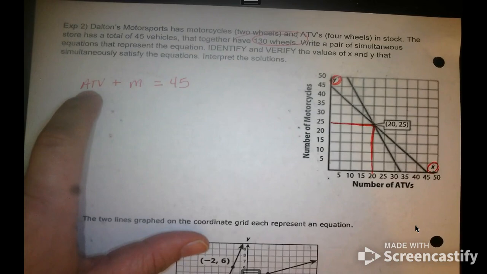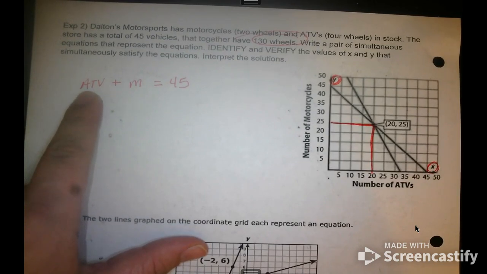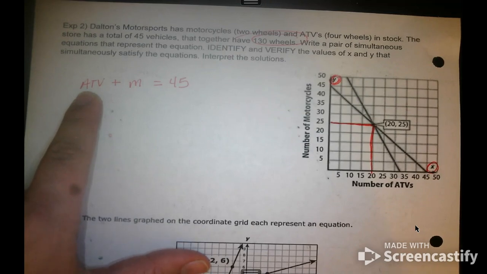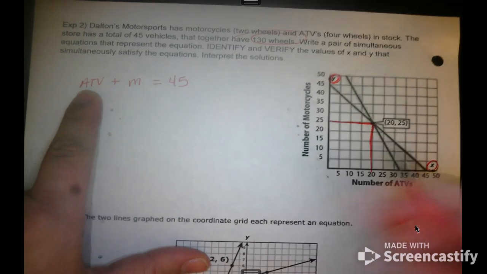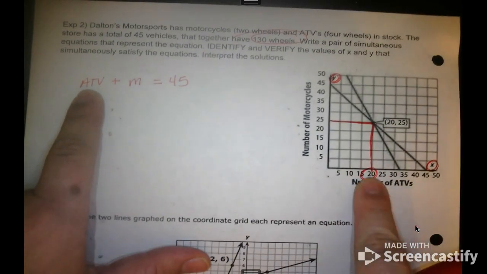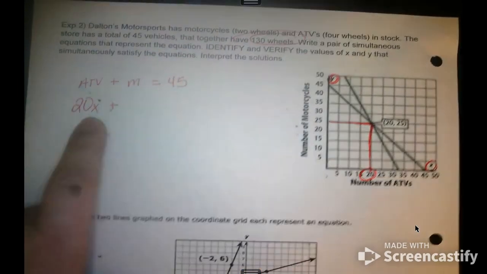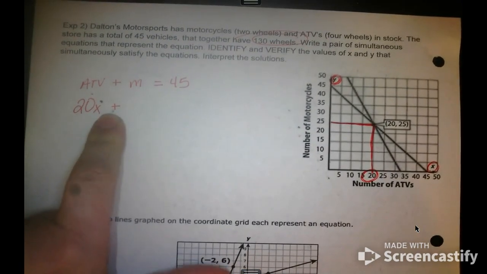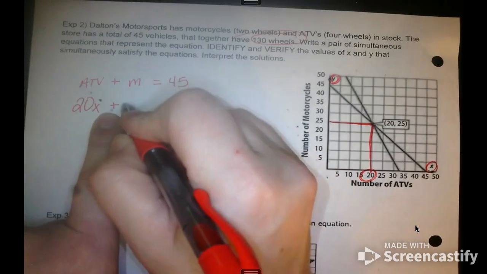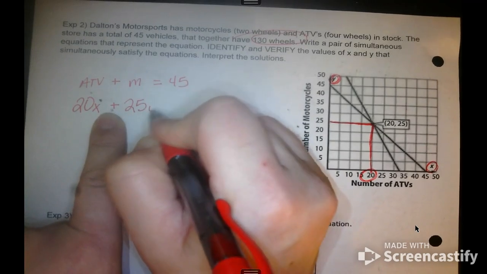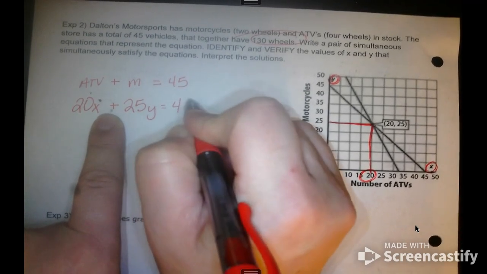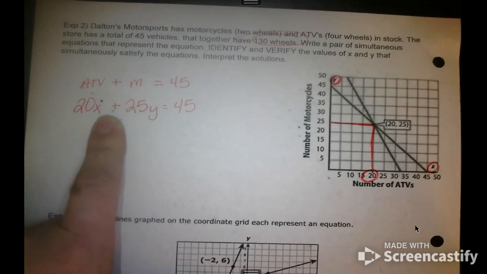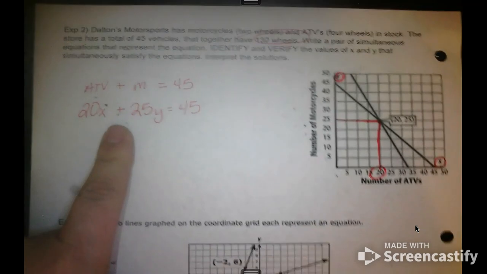Okay, 20 and 25 is where they meet. How many ATVs were there? 20. This is ATVs. There are 20. So I have 20, that is my x, plus, what is my y? 25y equals 45.